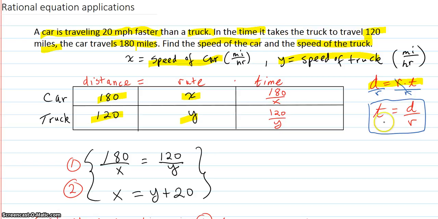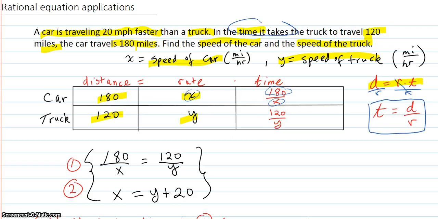So time is distance over rate. So distance 180 over the rate, x. Distance over rate. And the same thing here. Distance 120 over the rate, y. And of course, just as a check, you can multiply rate times time. And you see the x cancels out and you get 180, and the y cancels out and you get 120. So that's correct.